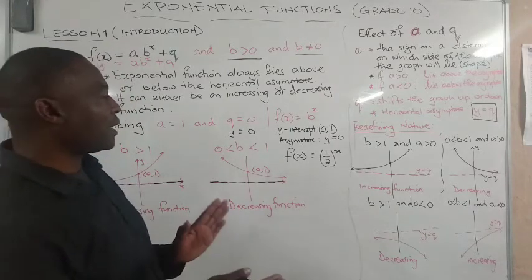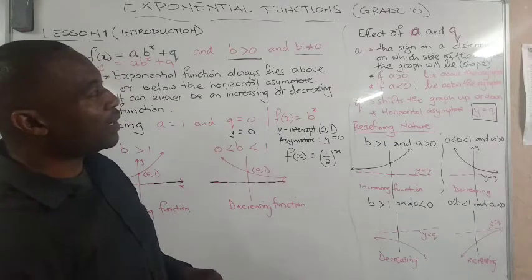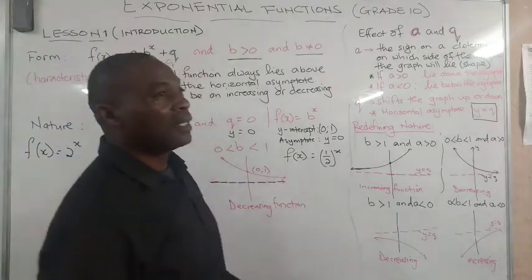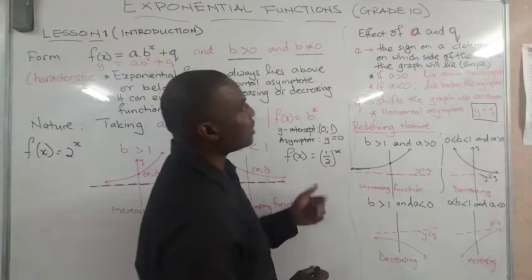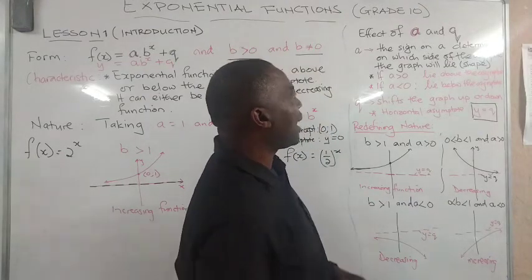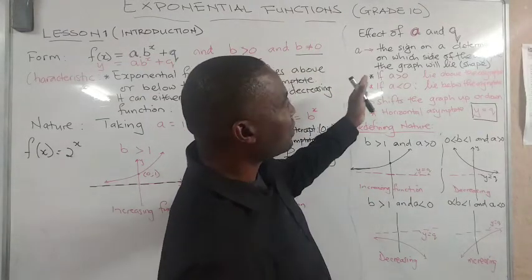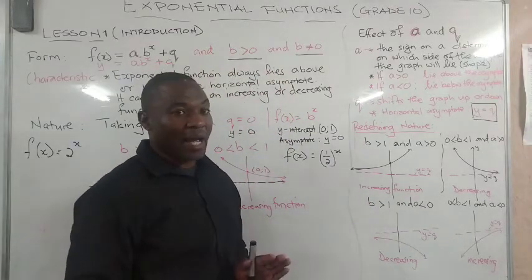The reflection can either be along the x-axis, or along the asymptote line, the horizontal line. So we are saying basically the sign on a determines on which side of the asymptote the graph will lie.